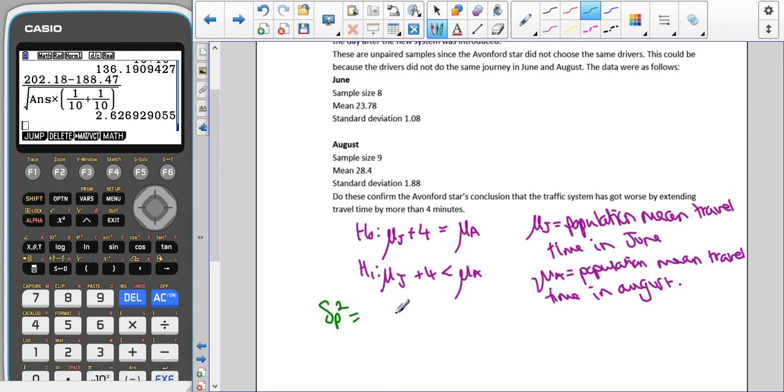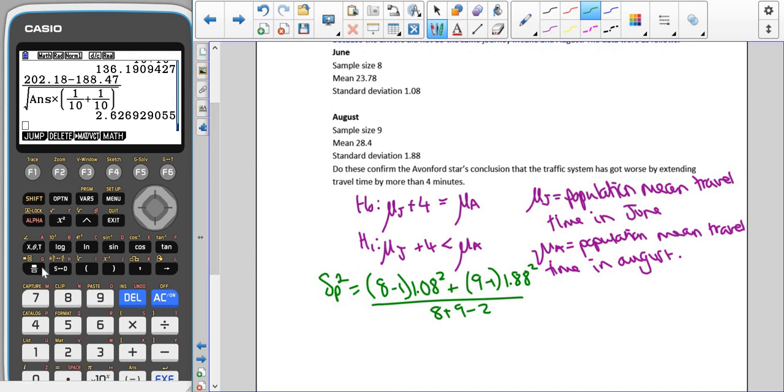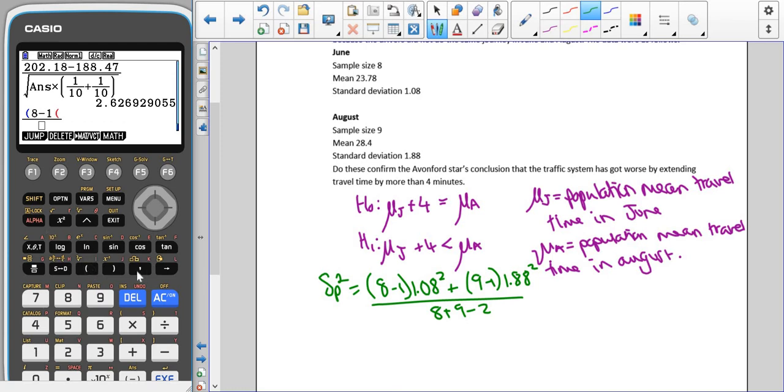So our Sp squared is going to be (8 minus 1) times 1.08 squared plus (9 minus 1) times 1.88 squared, divided by 8 plus 9 minus 2. Always be careful, that's a common thing that the squared sign goes in the wrong place.